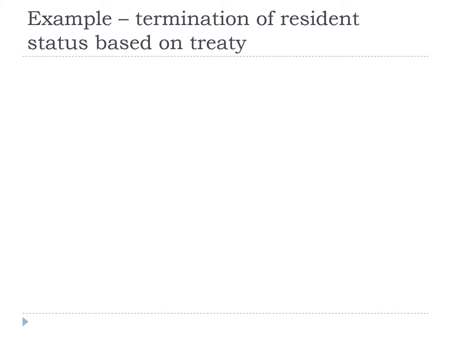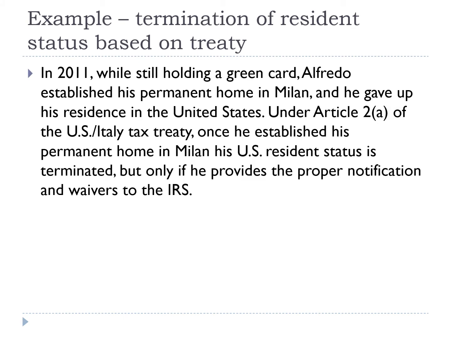Let's follow the previous example into 2011. In 2011, while still holding a green card, Alfredo establishes his permanent home in Milan, and he gives up his residence in the United States.